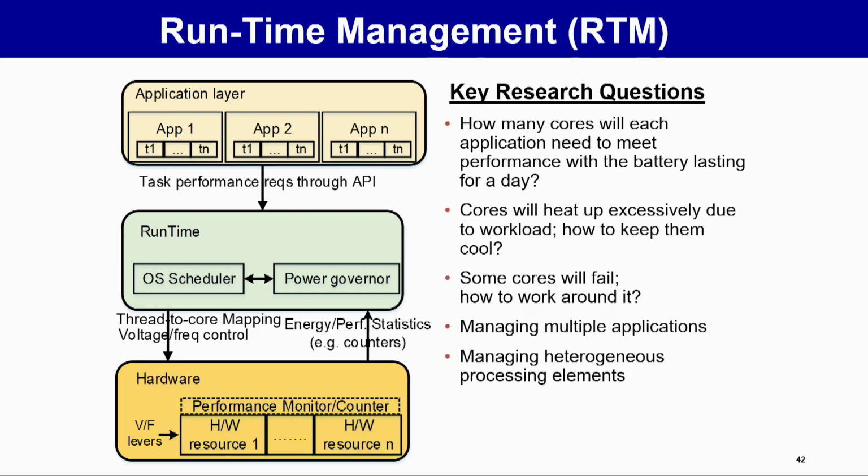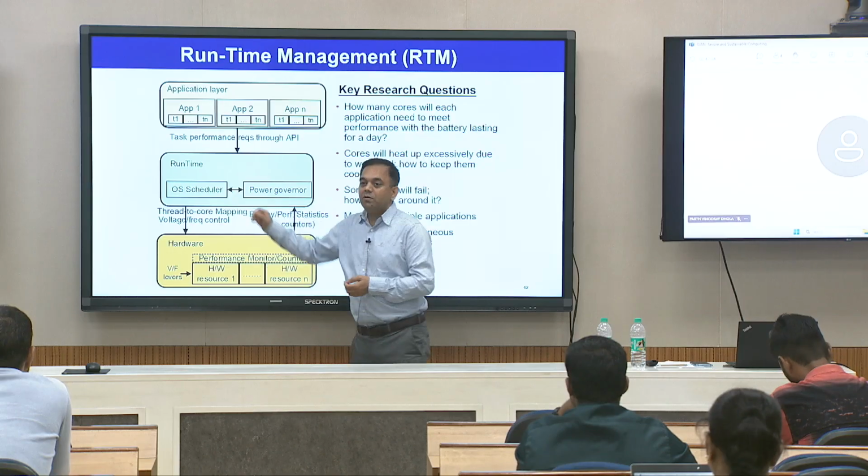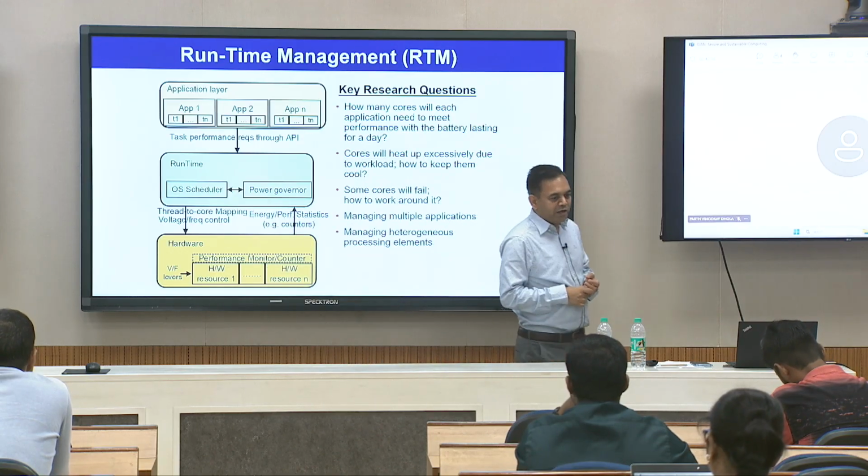Again, you remember we said that these architectures these days are becoming more and more heterogeneous, right? There are many types of CPUs and GPUs as well. So that makes this kind of scheduling or governing decision even more difficult. So these are the kind of research questions that this particular component has to address.